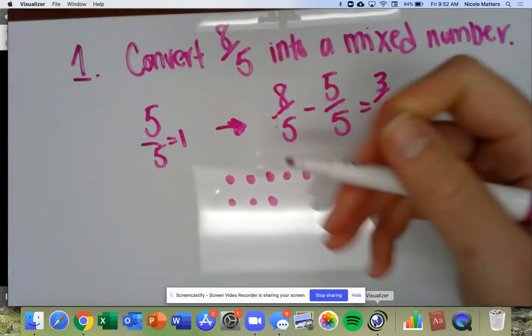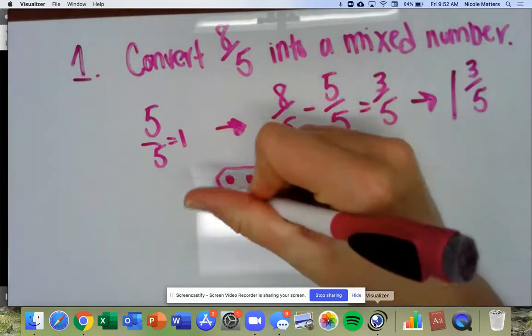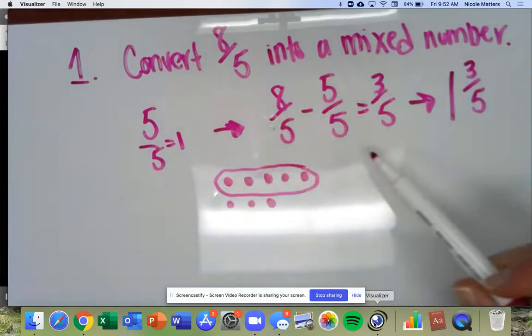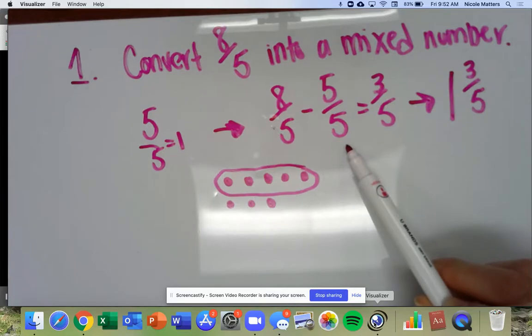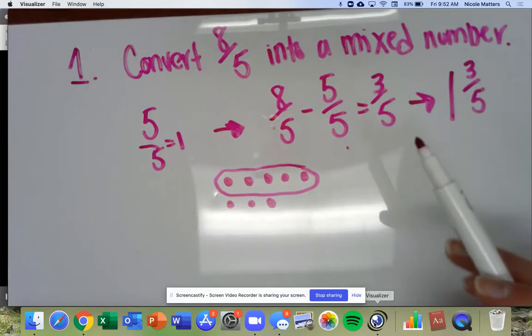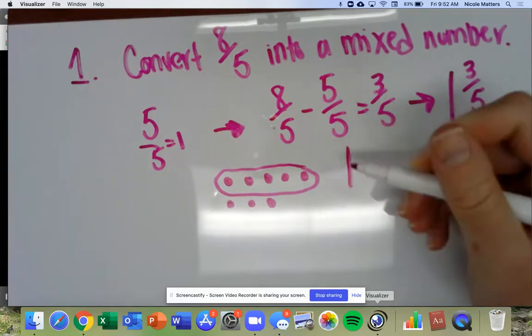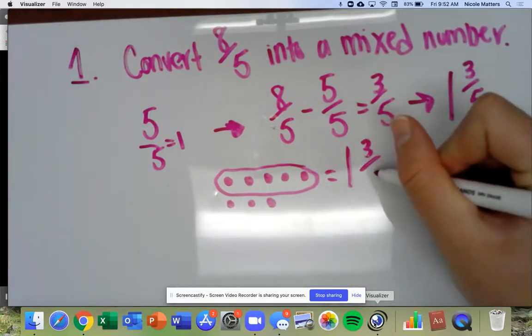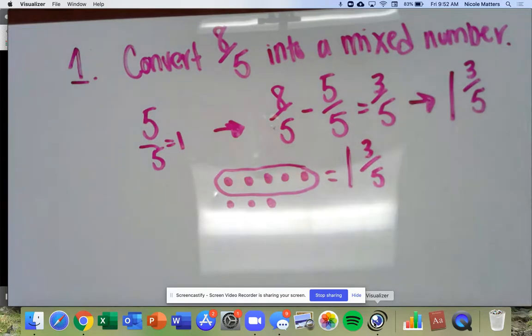And look, I only can take 1 group of 5 like we saw right here. And so I know there's 1. And then I know that I have 3/5, 3 dots left over, which gives me my remainder. So that is how you convert into a mixed number.